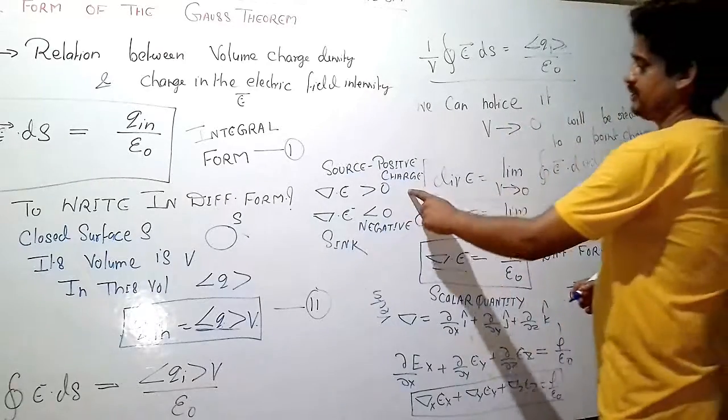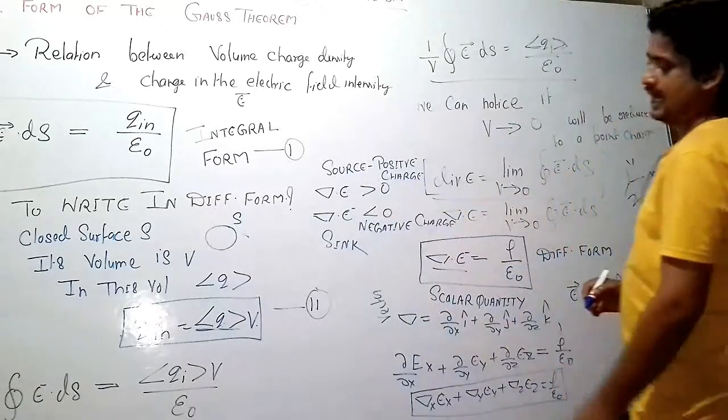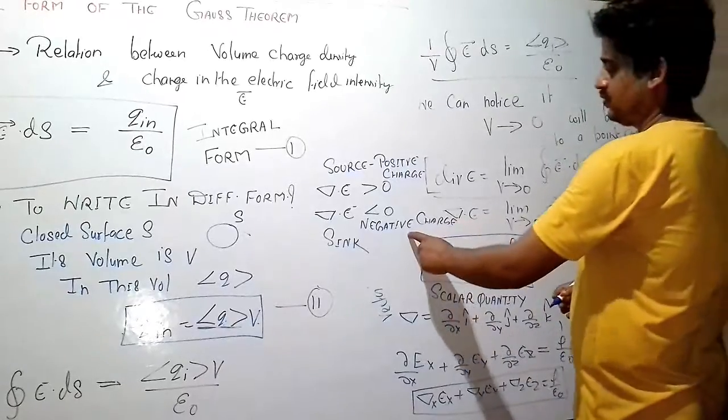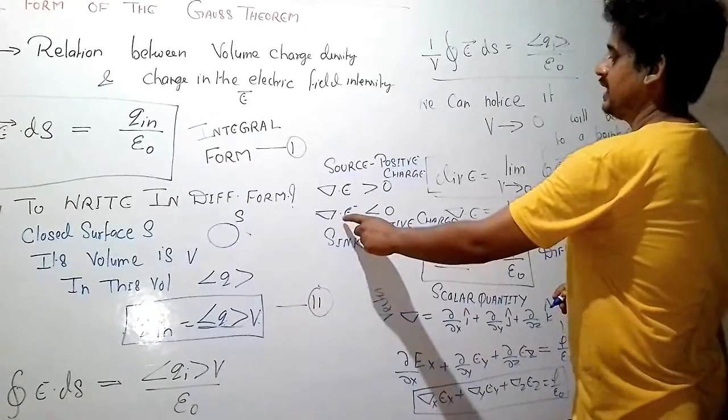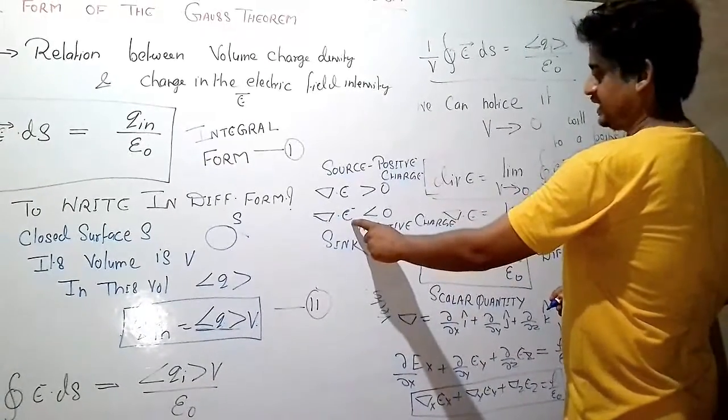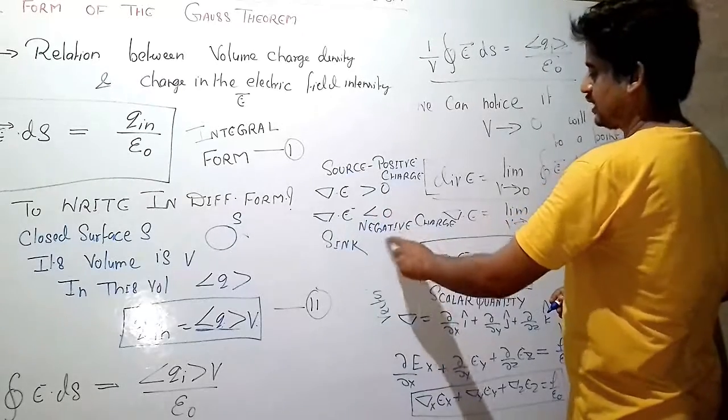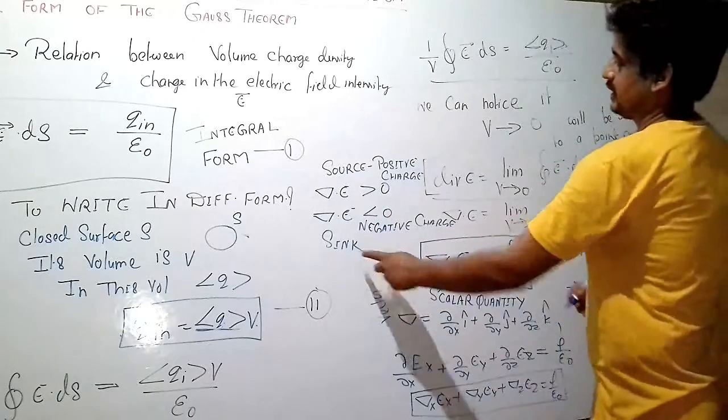In the case of a negative charge, the divergence of the electric field intensity is smaller than 0, and we call it a sink.